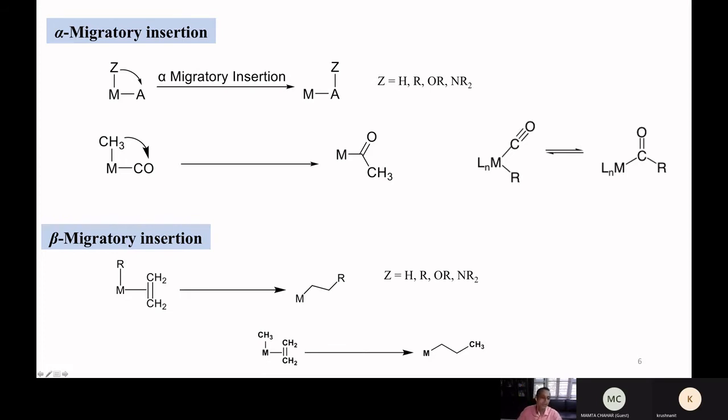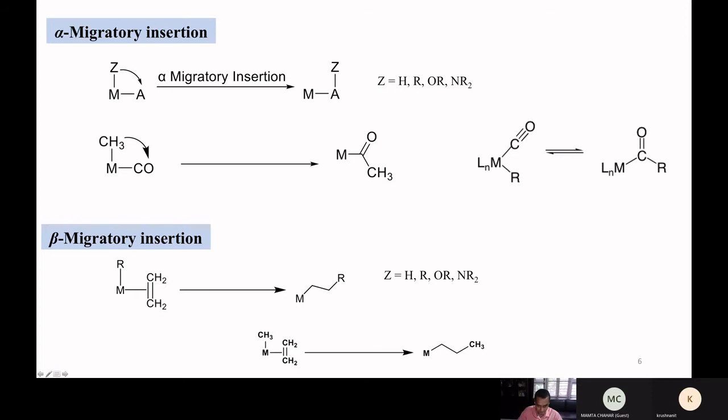Now, in the beta migratory insertion, of course, this transferring group is not attaching at the alpha position. See here, the transferring group was attaching at the alpha position, right? Here, the R group is attaching at the beta position.